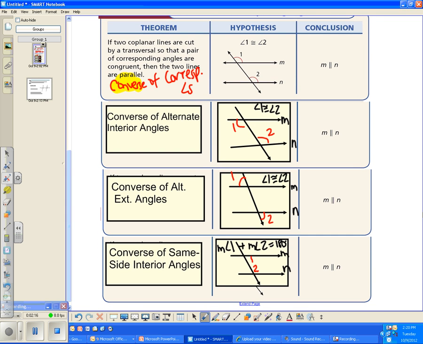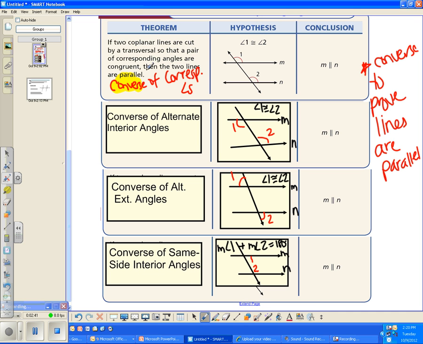And again, if you were going to write this down in your notes, I would write down that we're going to use the converse to prove lines are parallel. That's the only thing you use the converse for. And I'm going to ask you again and again and again what we use the converse for. So there's 4 converses: converse of corresponding, converse of alternate interior, converse of alternate exterior, and converse of same side interior angles.